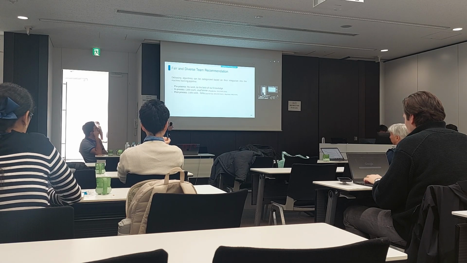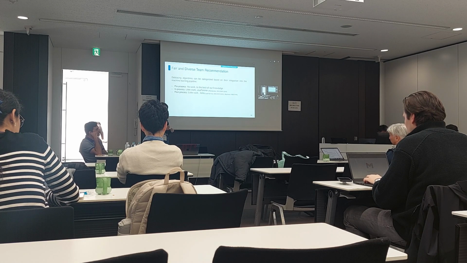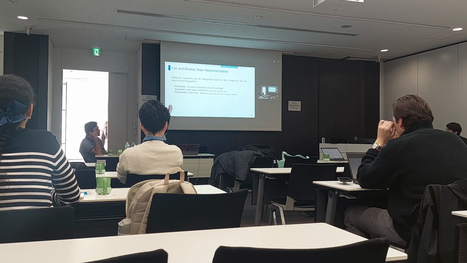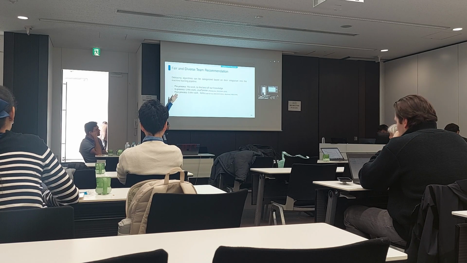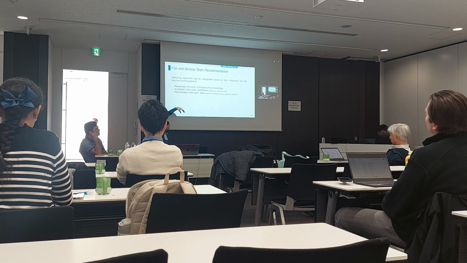In general, fairness-aware algorithms can be categorized into pre-processing, in-processing, and post-processing. In the team recommendation domain, to the best of our knowledge, there isn't any work that focuses on a pre-processing method to tackle the problem.